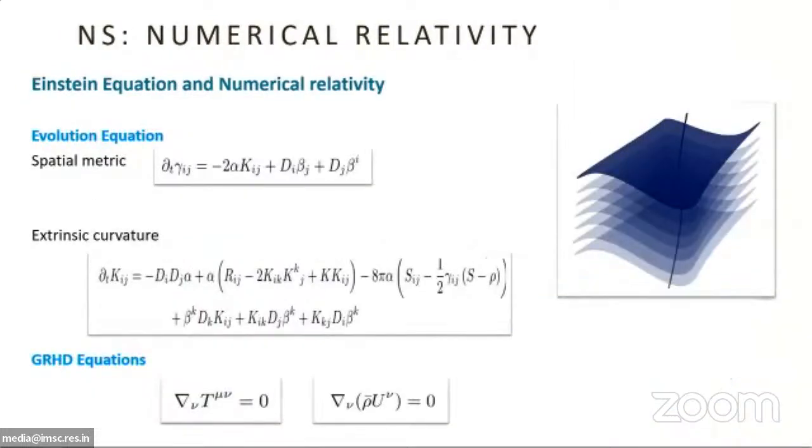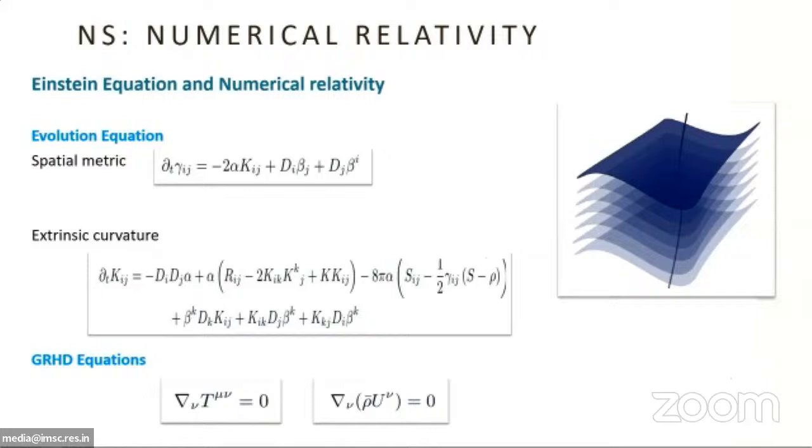Okay, so once we do this, what we have is an evolution equation and a constraint equation. Constraint equations are basically the conservation equations in a hypersurface. For each hypersurface, we solve this constraint equation, and then this evolution equation takes over.